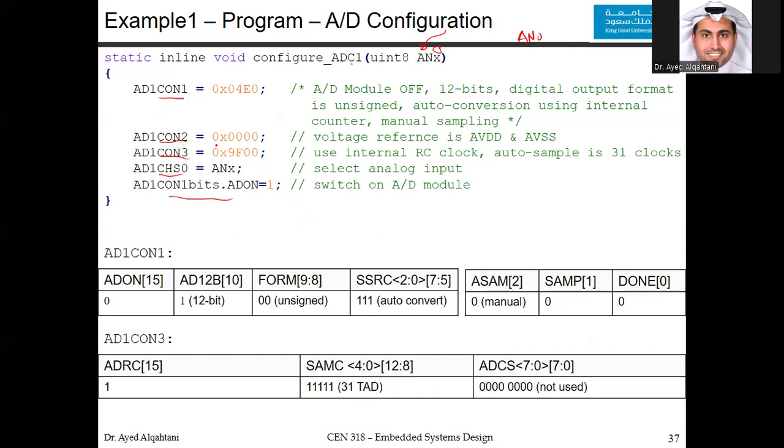So let's start with the easy ones. The control register number 2, as you can see, they are all zeros. The channel selector is whatever you have in the arguments. For this example, since we tie it to AN0, we should put 0 here, and it will in turn be transferred to this value for the AD1 channel selector 0.